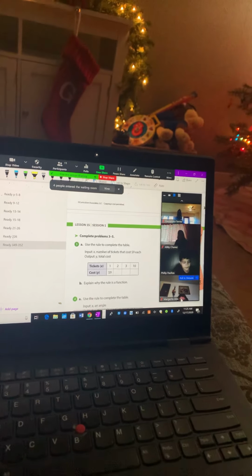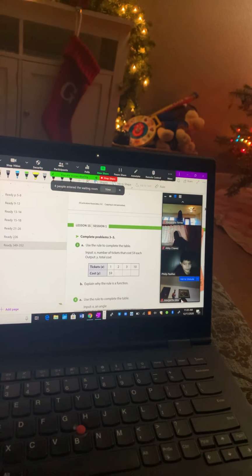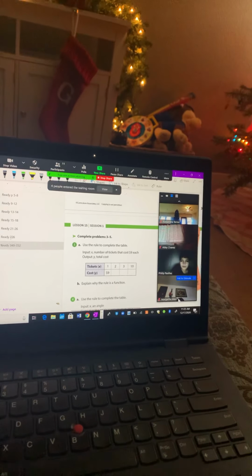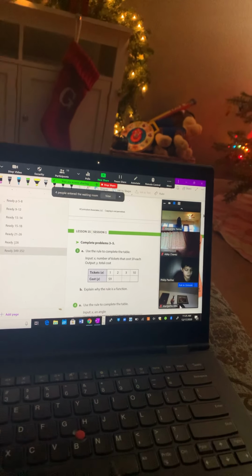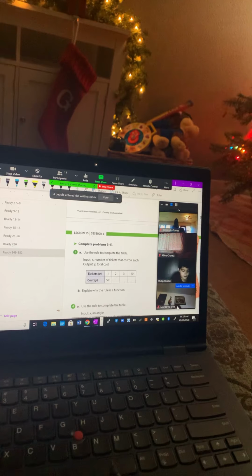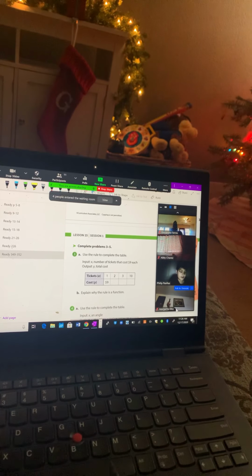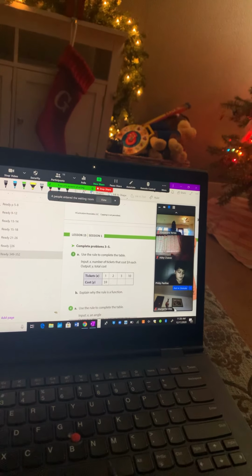Use the rule to complete the table. Input is X, the number of tickets that cost $9 each, and the output is Y, the total cost. Right. Good job, Philip. Thank you.